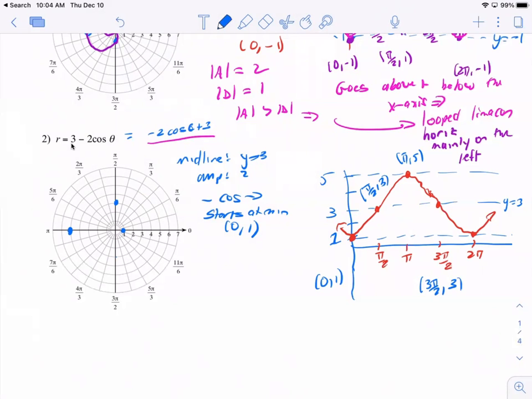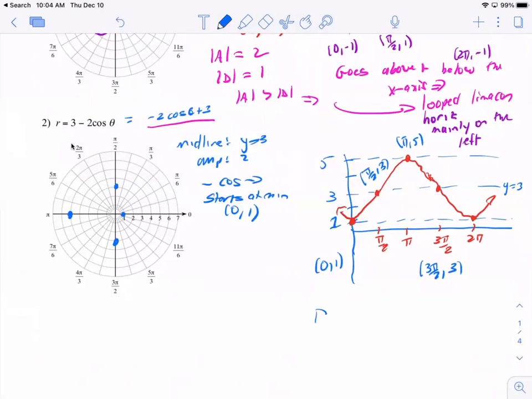Before we make our sketch, because those are all great, those are all 4 points, what kind of limacon do we have? Dimpled, I think. Yes, it's a dimpled limacon. Why is it dimpled?